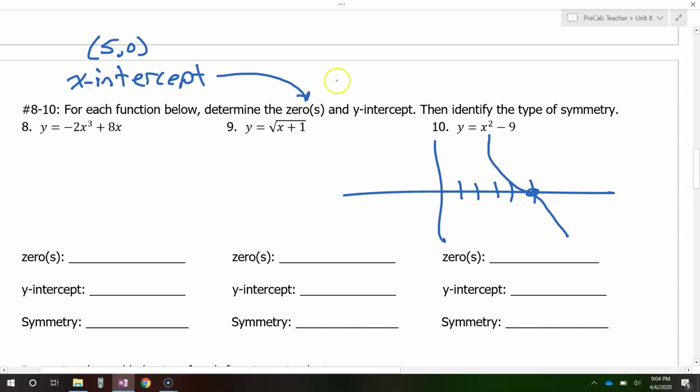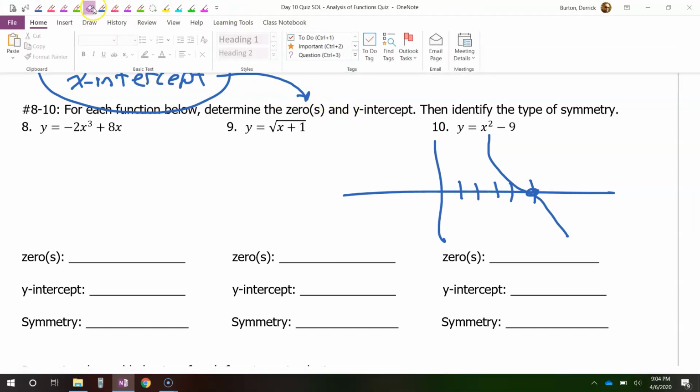But if I ask you what the zero is, the x-intercept would be (5, 0), but for the zero you would just say 5. So zeros are just numbers, but an x-intercept is an ordered pair, like (5, 0). But you should basically be thinking x-intercept.